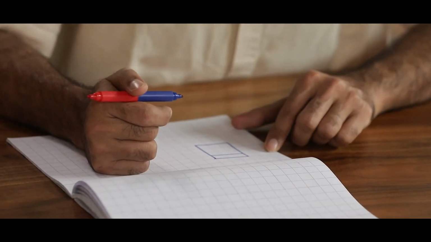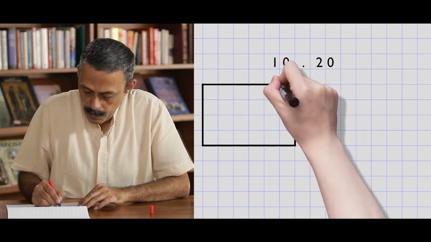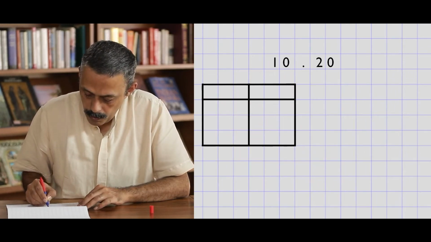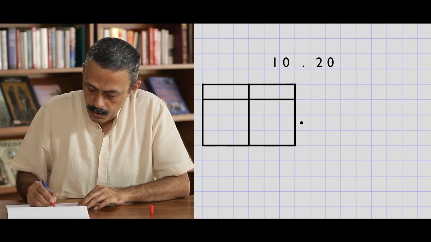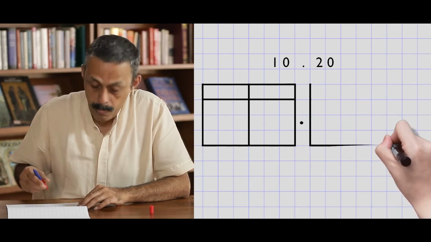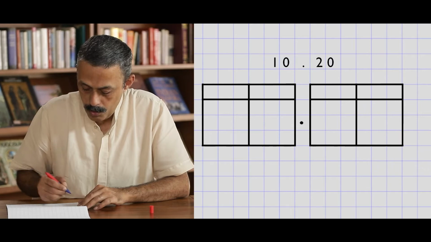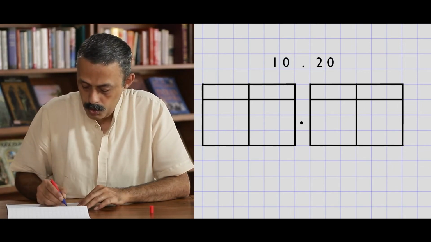The same thing, I will take another number, 12.08. How do we write it? Tens place, units place. What do we have in the units place? We have 2 units and 1 ten.